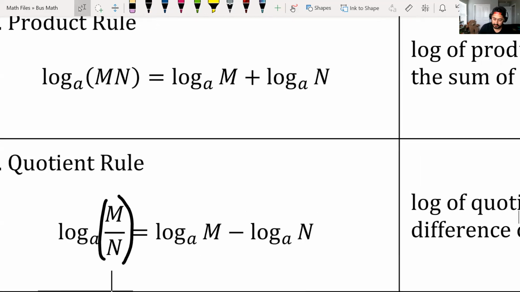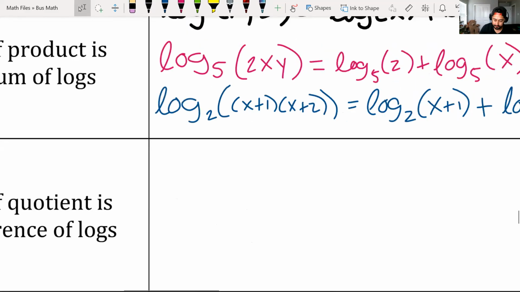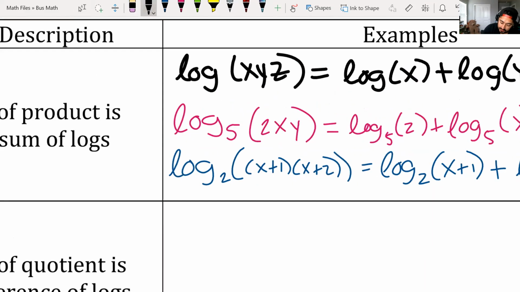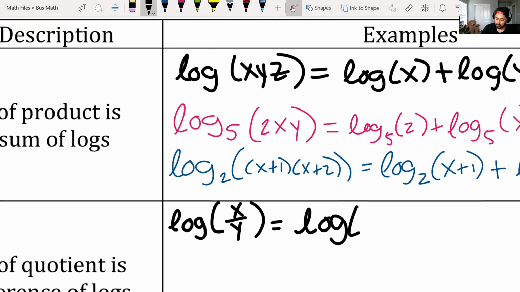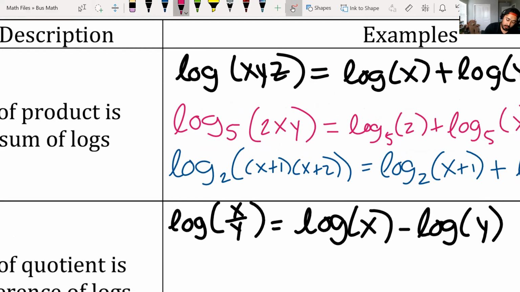All right, so let's see how that works. Let's say I have, easy enough, log of x over y. Then this would be log x minus log y. Or log base, let's say, what's a good log base?